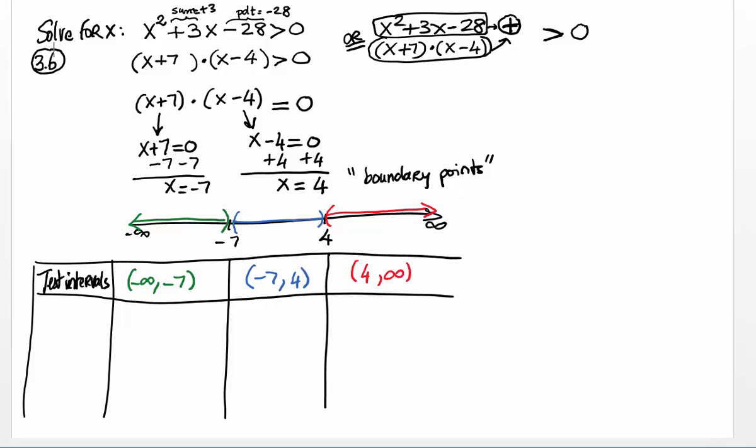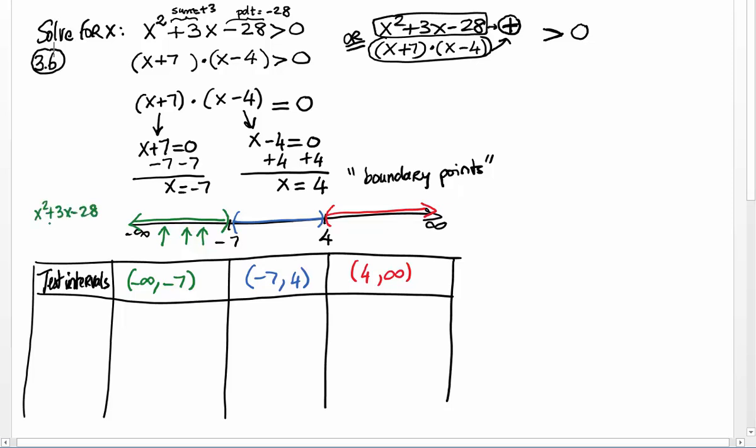Now, we need to check the following. For any value that we pick in any of those test intervals, we want to know the sign of the quantity x squared plus 3x minus 28, also called x plus 7 times x minus 4.